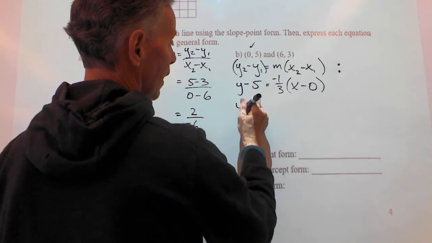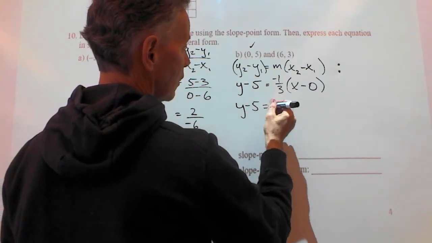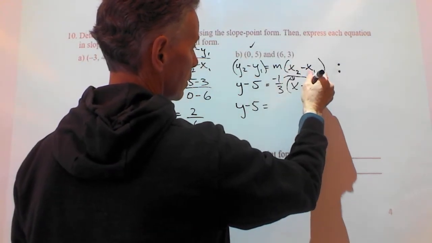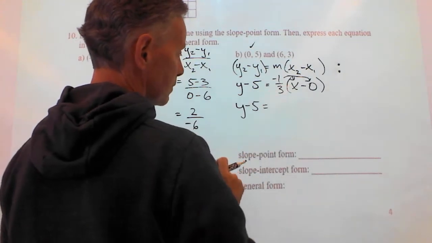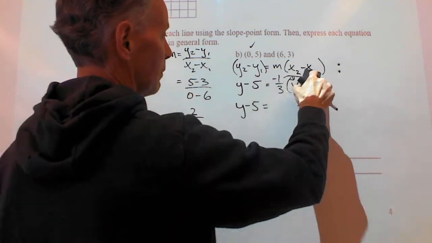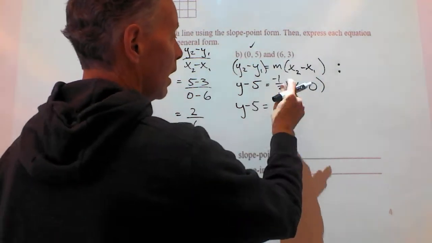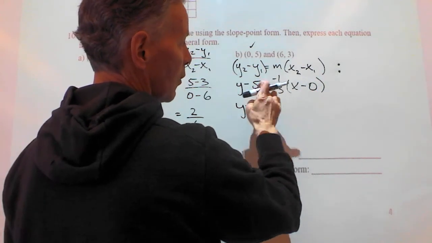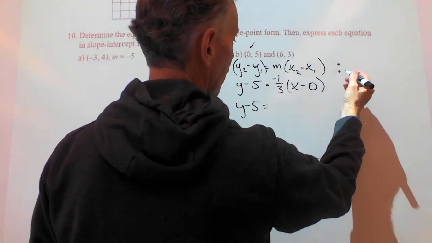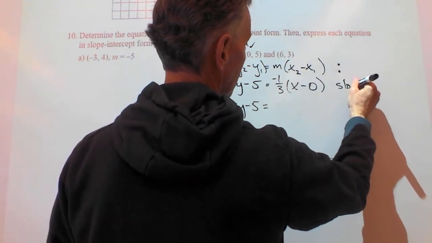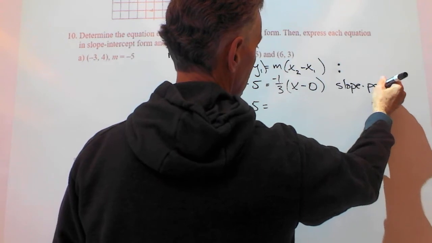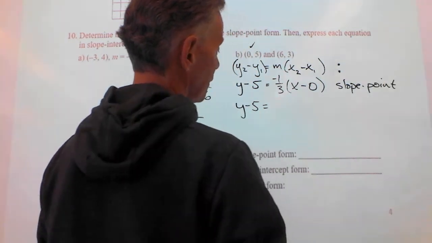This will simplify to y minus 5 equals, we distribute, sorry, let me back up. In slope point form, it will look like this, right? So this is our slope point form, okay?